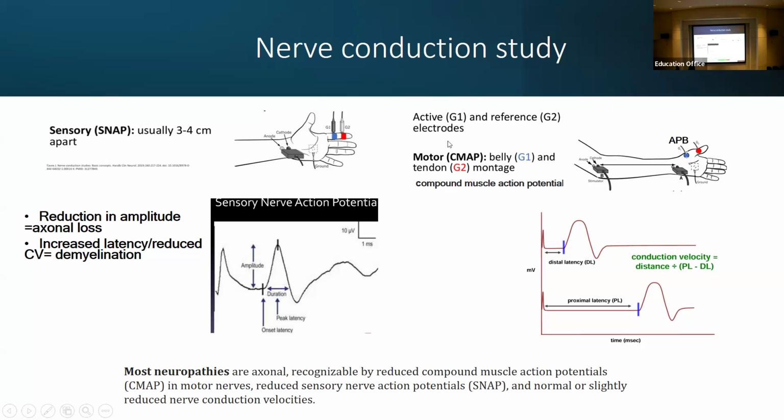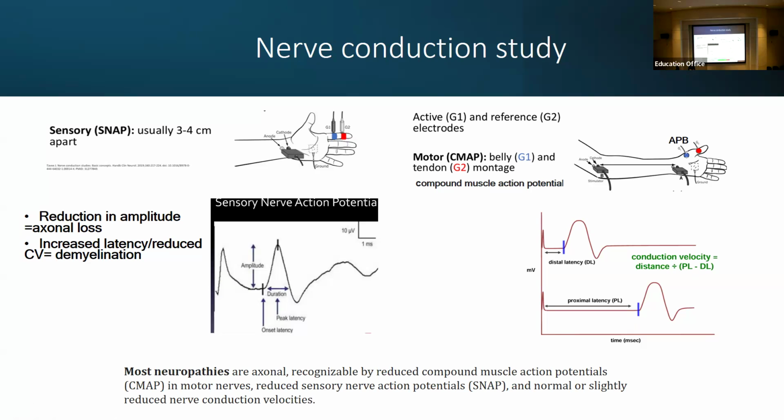On the right side is the left median nerve motor conduction test. You place the recording electrode on the left APB here, and your reference is the tendon of that muscle. Different from the sensory test, you usually stimulate the motor nerve at two sites, proximally and distally. The reason is that for the motor conduction test, you record the muscle instead of the nerve, so you record the muscle action potential.